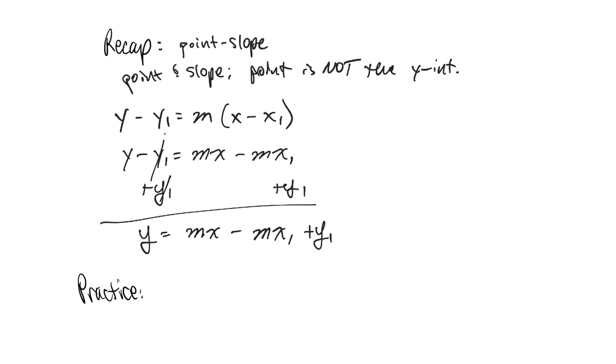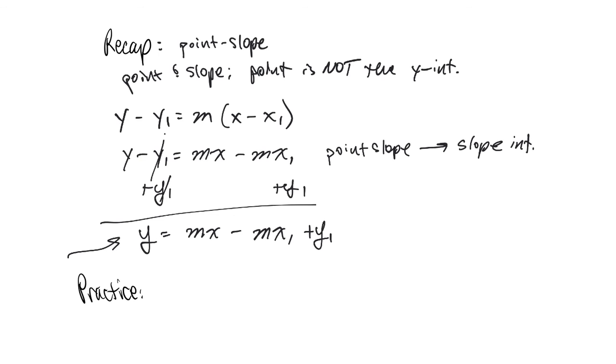Okay, this is what the final solution would be in going from point slope to slope intercept form. Don't worry about this so much, but just understand you can go from point slope to slope intercept form very easily.